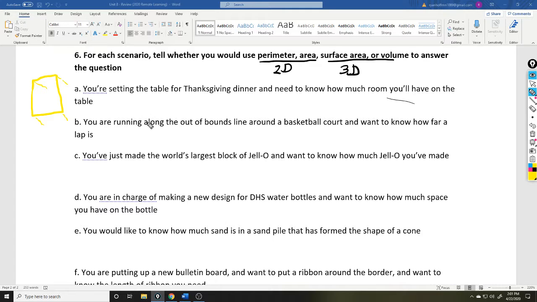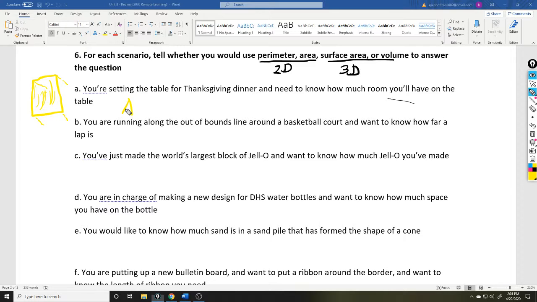And so next we need to ask, are we just interested in the border along the outside? Or are we interested in the space that's on the table? And how much room we have on the table? Oh, how much room we'll have on the table? That's what we're interested in. So we're interested in how much room we have here on this table.